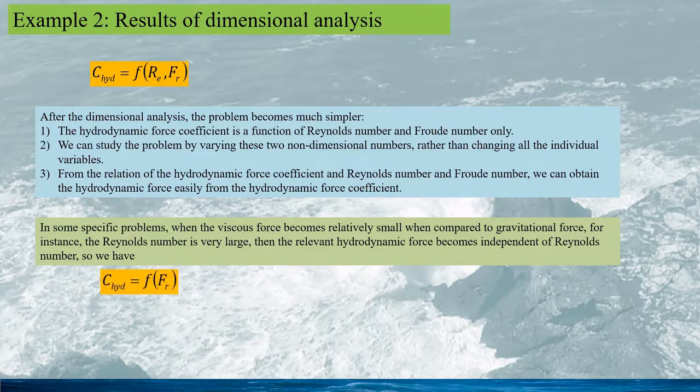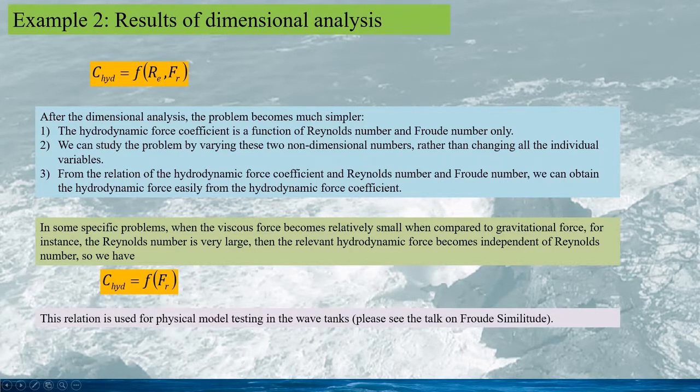So, in this case, we have the function like this, which means the hydrodynamic force coefficient is a function of Froude number only. This relation is the principle used for physical model tests in the tank.